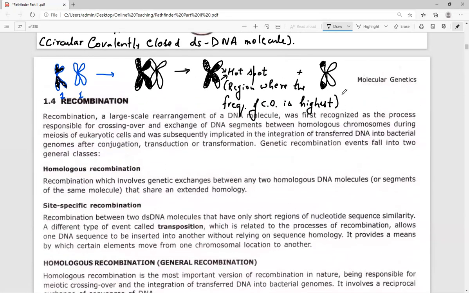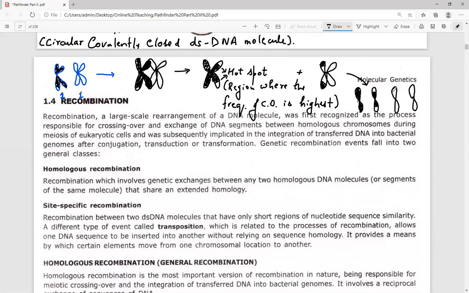Once the chromosomes have undergone the exchange of genetic information, when gametes are being produced, they will produce four different types of gametes. Which are the four different types of gametes? The first type of gamete, the second, the third, and the fourth type of gamete. In the first case, you'll find such type of gamete will be produced. In the second case, such a gamete.